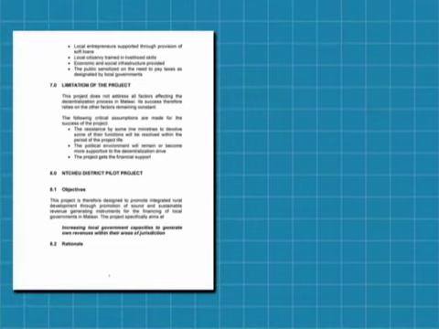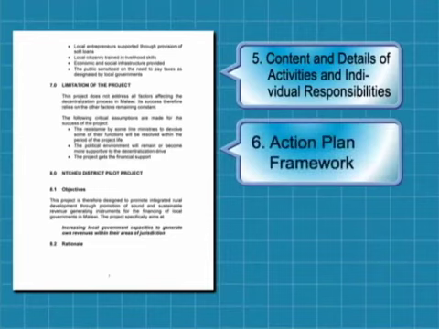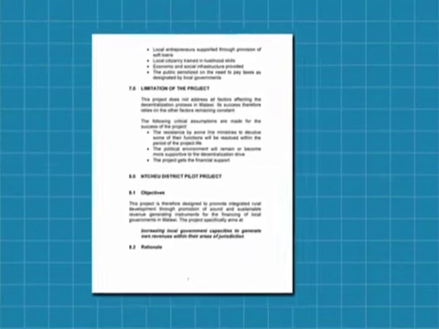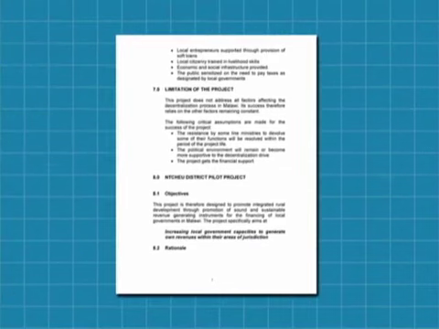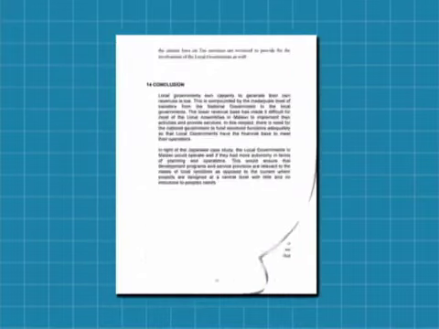Here we can find information about 5. The content and details of activities and individual responsibilities, and 6. Action plan framework. An explanation about the assumed project site follows, and the summary comes in the end.